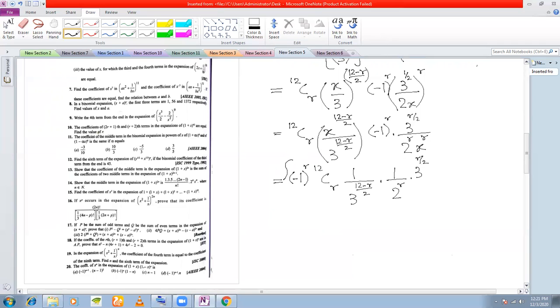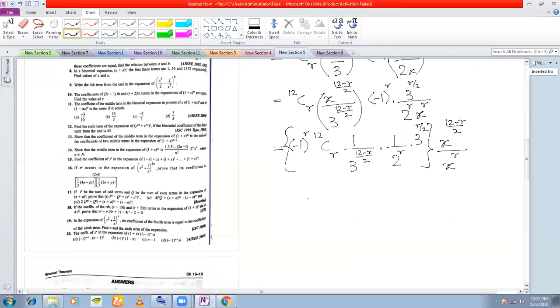You take all this together and you take the powers of x together: x to the power of 12 minus r by 2 divided by x to the power of r. You have separated the constant from the variable.